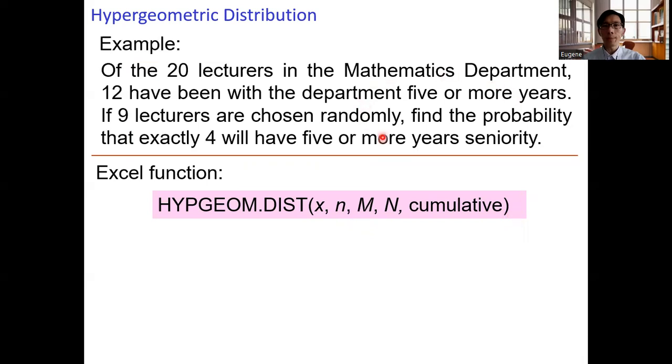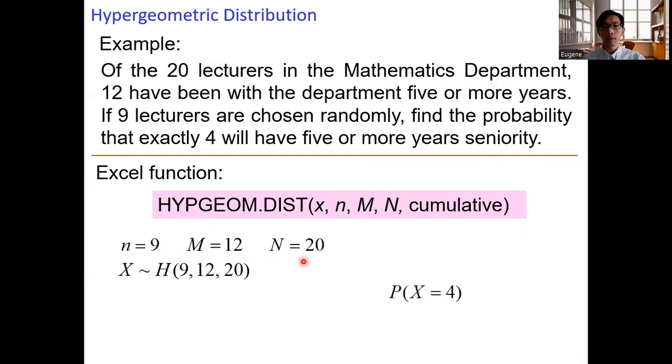Redo the problem with the Excel function. So we have sample size is 9, big M is 12, and the population size is 20. We want to get the probability of X exactly equals 4.